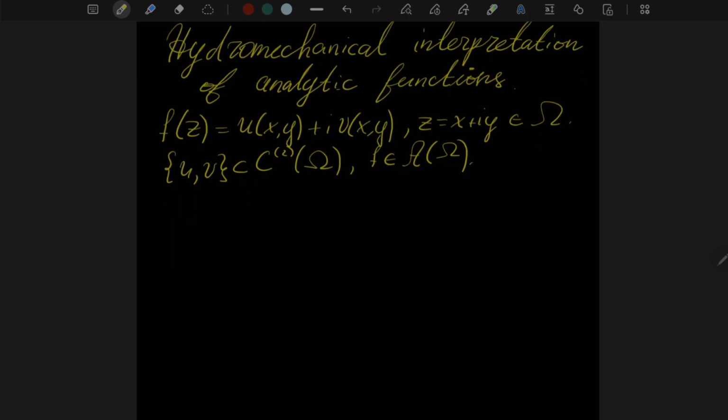Then, as we have already defined and talked about, the pair u and v is a pair of harmonic conjugate functions.